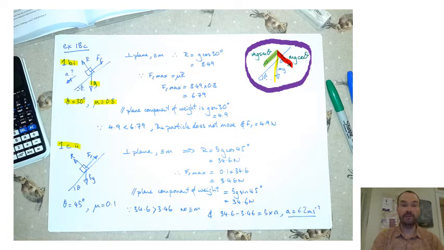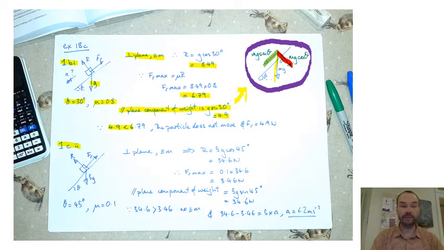So perpendicular to the plane we have equilibrium, which means the normal reaction is 8.49, which means the maximum that friction can be is 6.79. Parallel to the plane, the component of weight is g sine 30. And we can look at that diagram again to decide that. g sine 30 is 4.9.